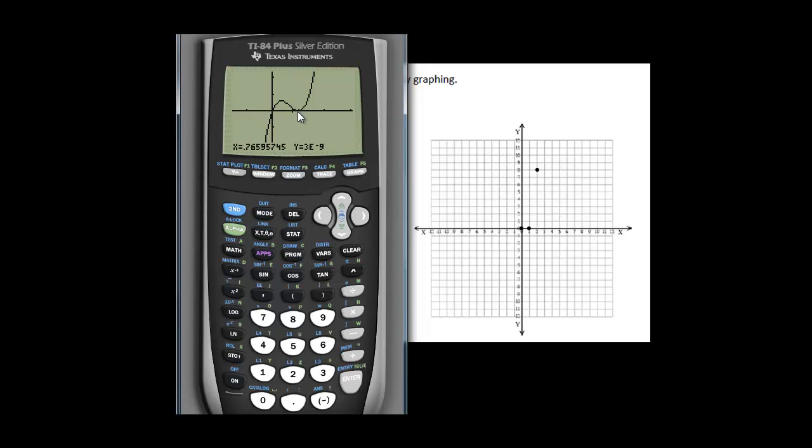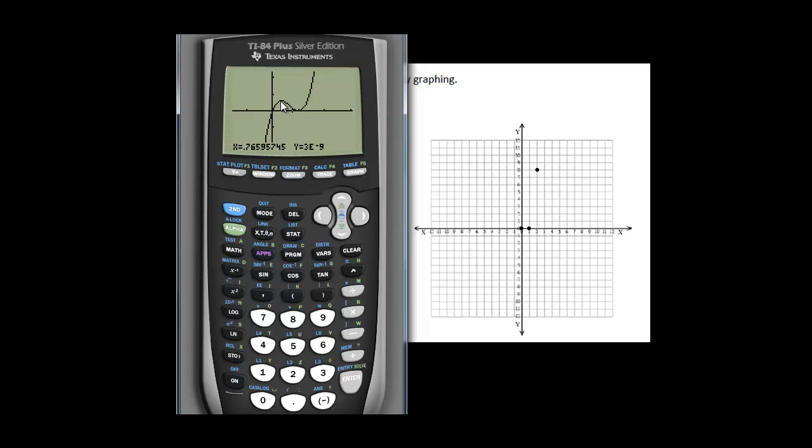Alright, so it looks like it's bouncing off the graph at 1. Which makes sense, because then that would mean that this is a double root, and this would be a single root, because it goes right through. So your roots would be 1, 1, and 0. That gives you 3 roots, and it's a cubic, so that makes sense.